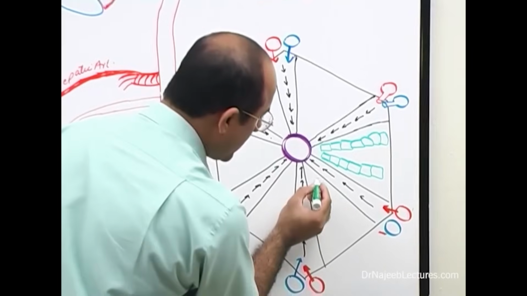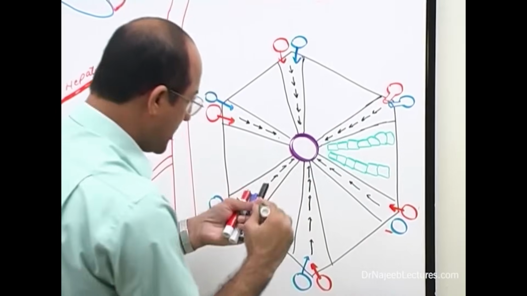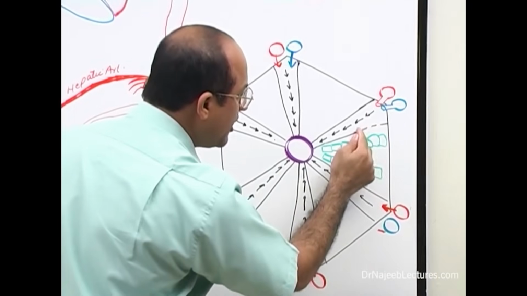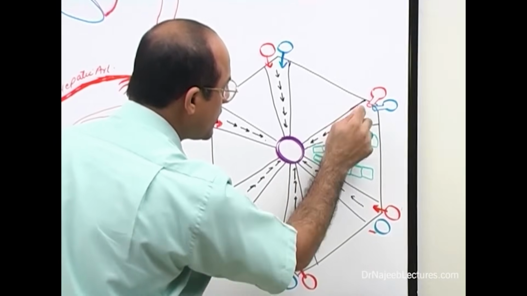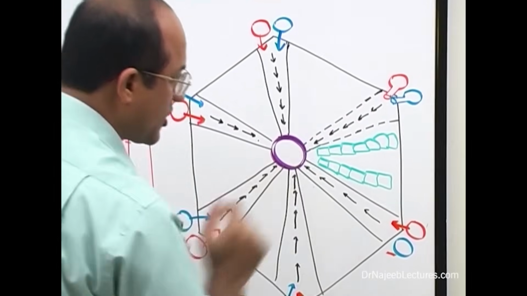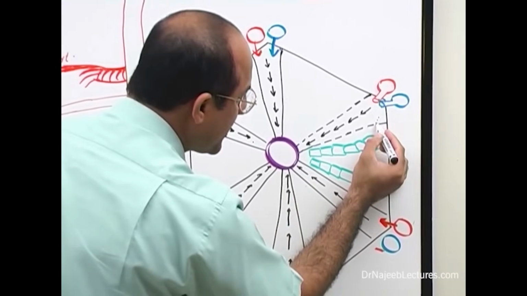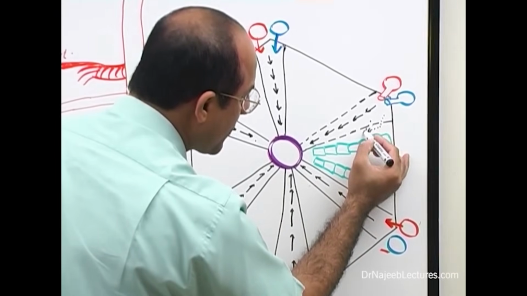Right? In the same way, sinusoids are very, very leaky. I will explain their detailed structure later. So whatever blood is coming, the plasma of it comes to this area, right?